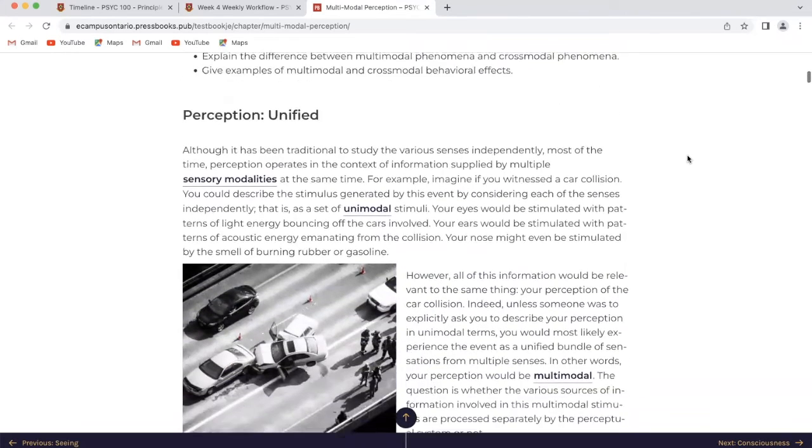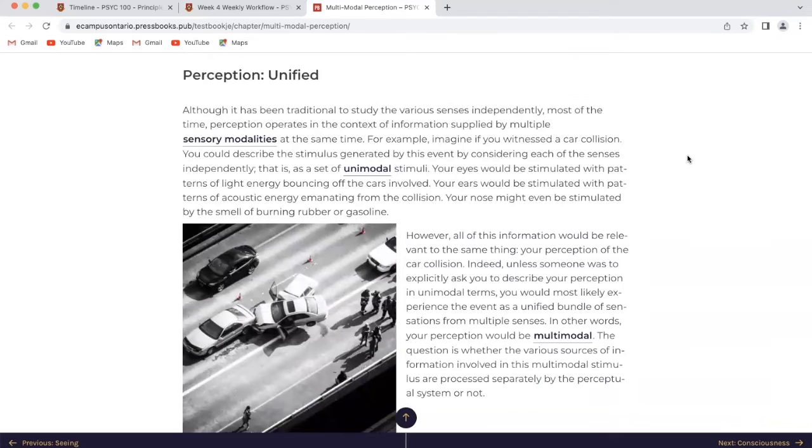Perception, unified. Although it has been traditional to study the various senses independently, most of the time perception operates in the context of information supplied by multiple sensory modalities at the same time. For example, imagine if you witnessed a car collision.